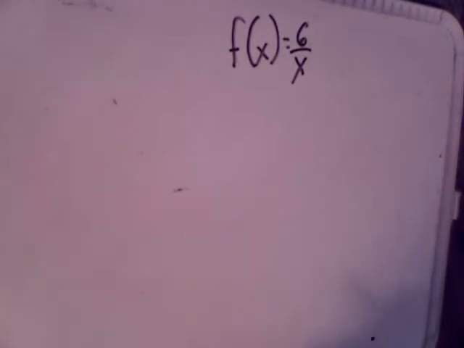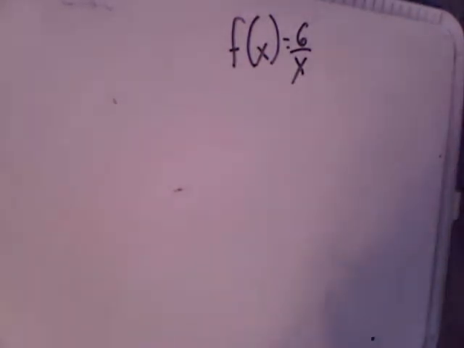Let's take a look at how to graph inverse variations. If you're given a function that says f of x equals 6 over x, we're actually going to use 8 magical numbers here in order to graph this, and you'll see why in a minute.